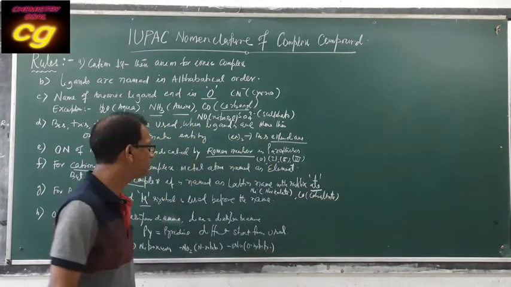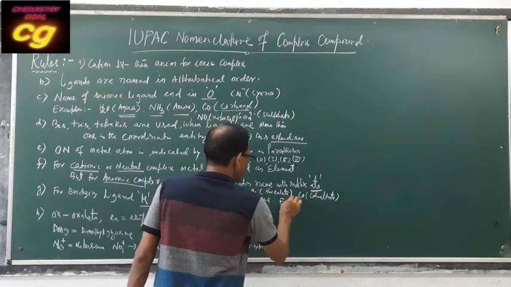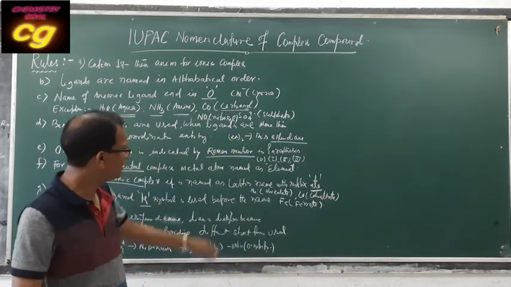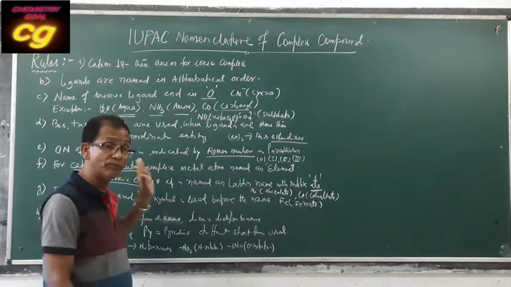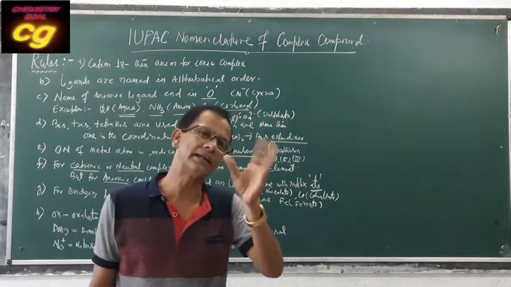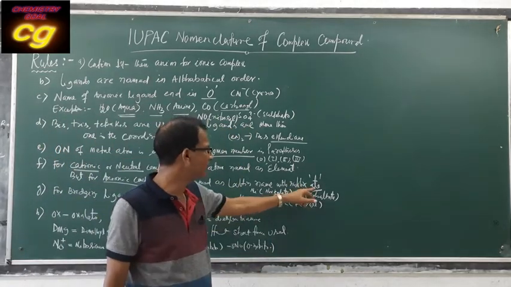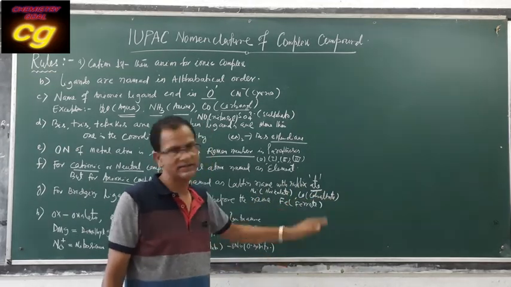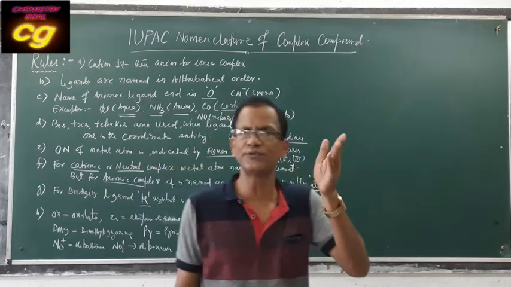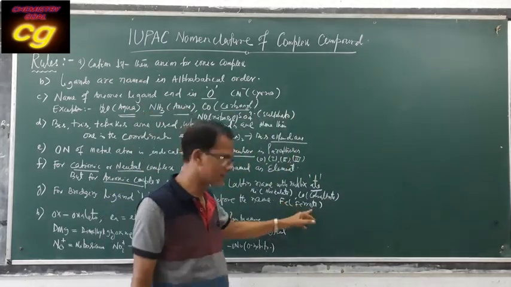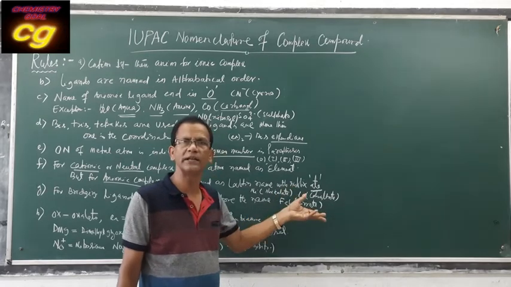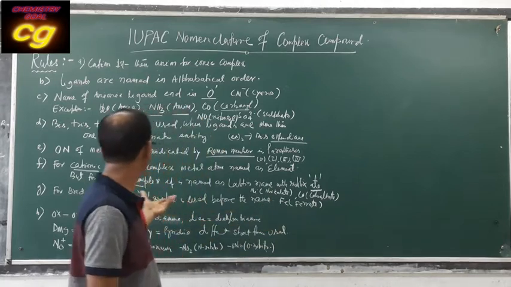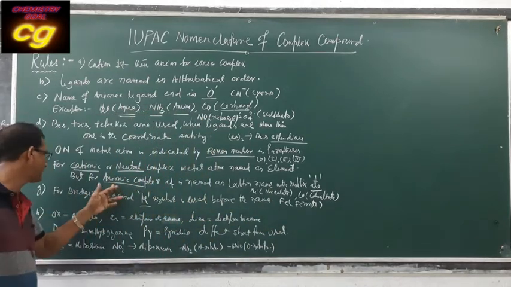If it is iron, it will be ferrate, because the Latin name of iron is ferrum. But cobalt has no separate Latin name, so cobaltate, nickelate, like this. You have to follow this if the complex is an anionic complex.